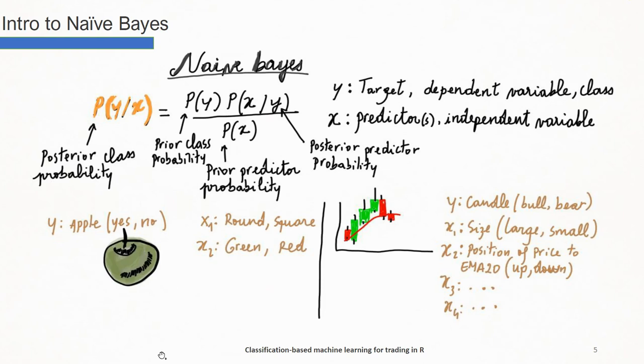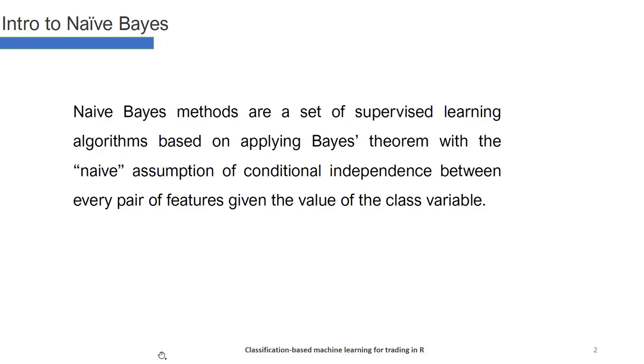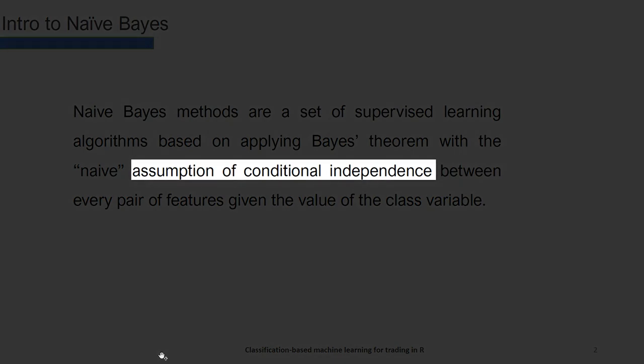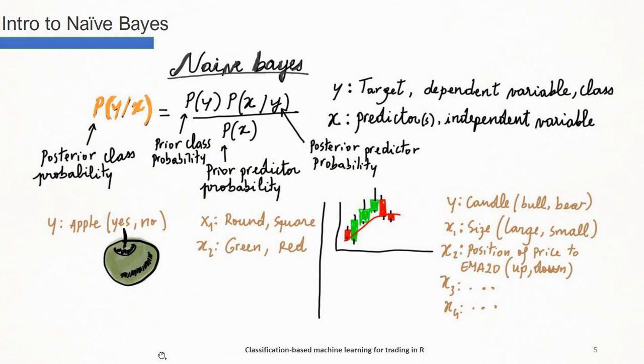It says it's a naive assumption. If you go to the previous slide, it says applying Bayes theorem with a naive assumption of conditional independence. What does that mean? That means that this algorithm assumes there is no relationship between the features or the predictors.